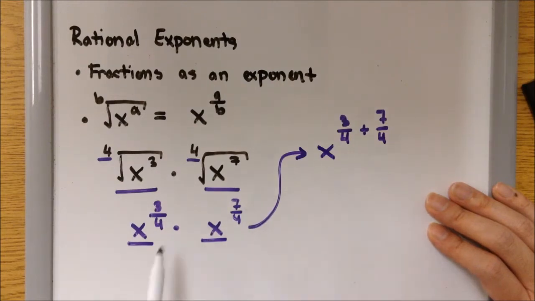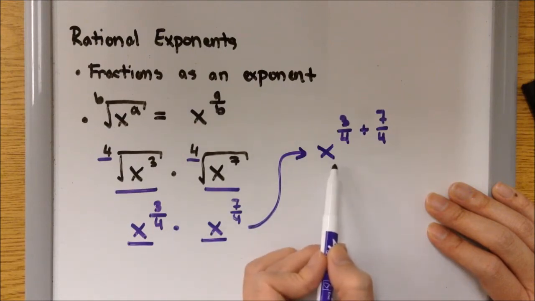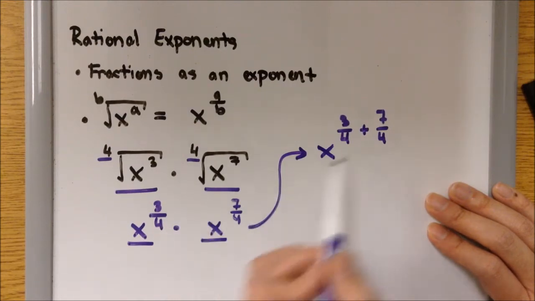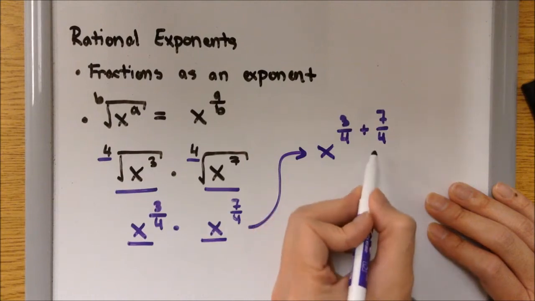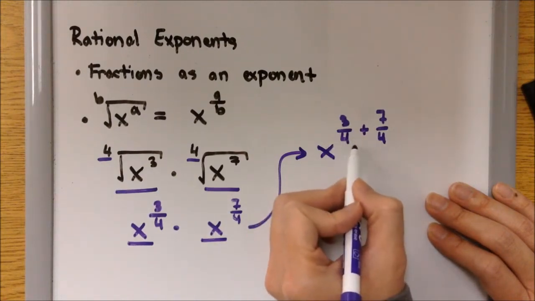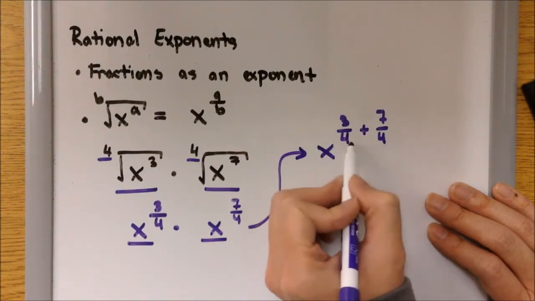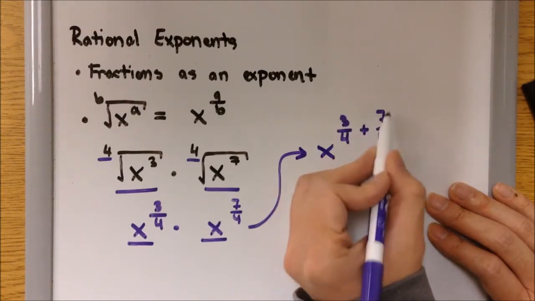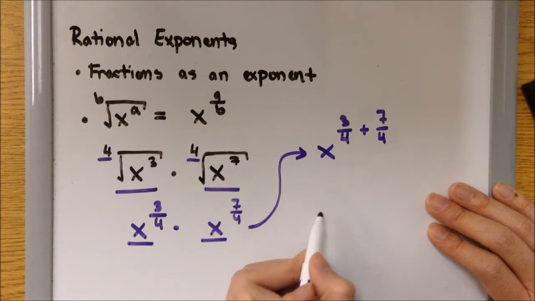The only time we can do this is when we have the same base and it's multiplying. If it's the same base and it's multiplying, we combine it as one base and add the exponents. So here, can we add the exponents since they're fractions? Sure we can, because they both have the same denominator. When they have the same denominator, all we have to do is just add the tops. So it's going to be x.